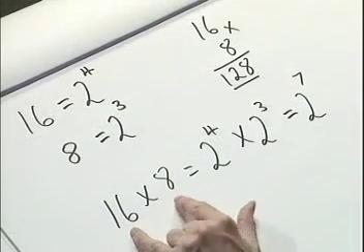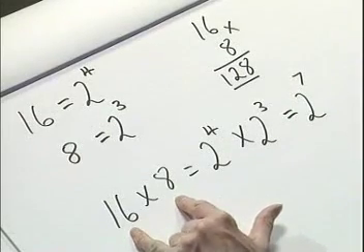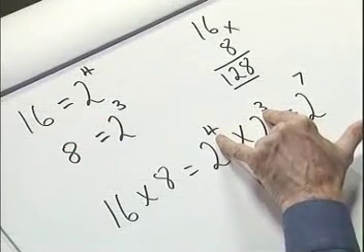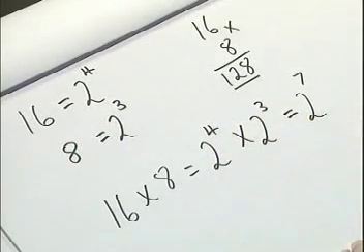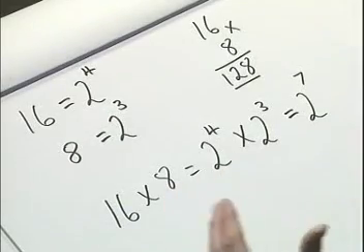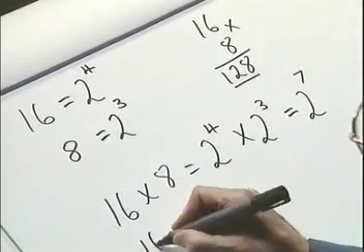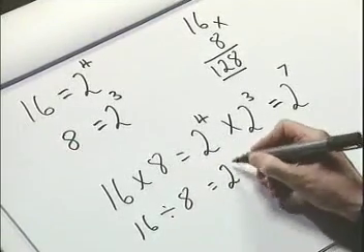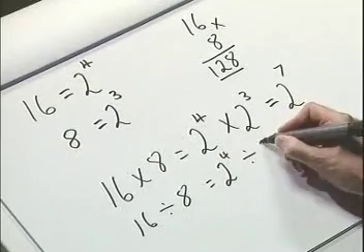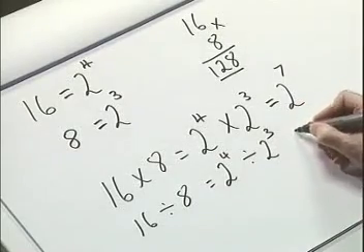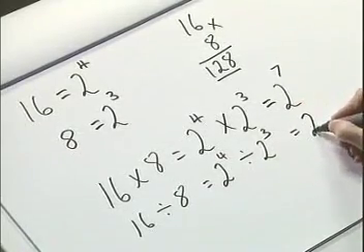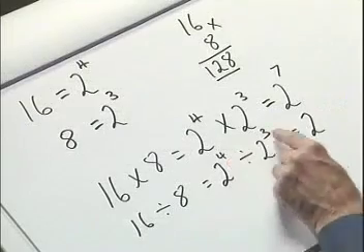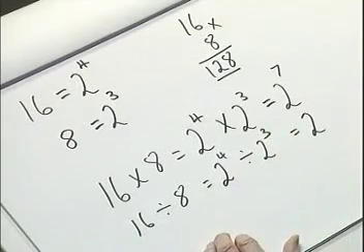So what was a multiplication sum, we've reduced to an addition sum. Similarly, we could do this sort of thing with division. So if we had 16 divided by 8, that would be 2 to the power 4 divided by 2 to the power 3, and that would just be 2, because we would subtract the indices.